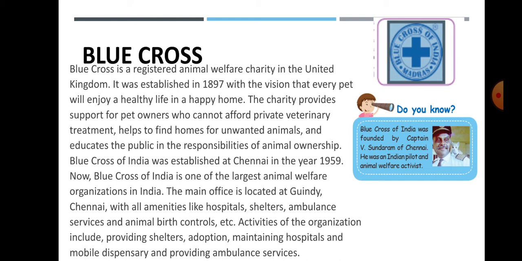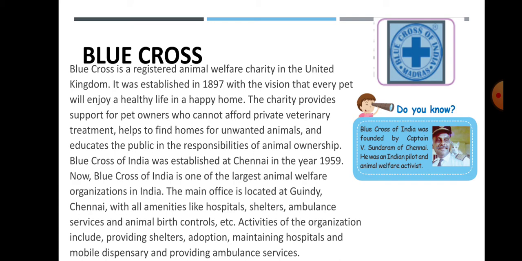Can you see his picture in the right corner, with a small kitty? This is the association that helps mainly with the welfare of animals like pets. In India it was established in 1959, and the main office is located in Chennai.